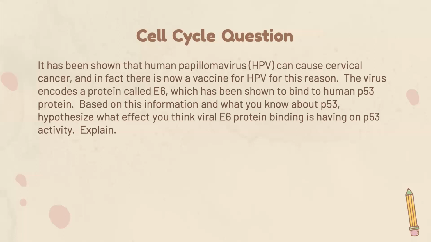So P53 is a transcription factor. It's not going to be phosphorylating or things like that. P53 is going to transcribe P21. So knowing that aspect, and thinking about what P21 does and what P21 is, how would E6 affect that? That's kind of what the question's asking. Yeah, if that helps.